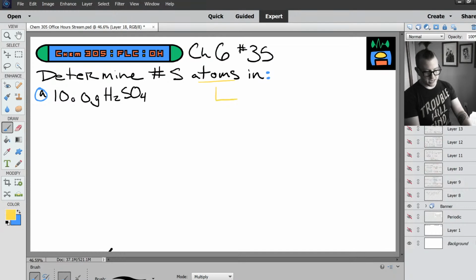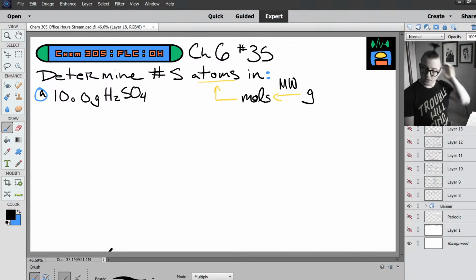The way you get to atoms will always come from moles through Avogadro's number, and moles always come from grams using the molecular weight. And then this uses Avogadro's number.